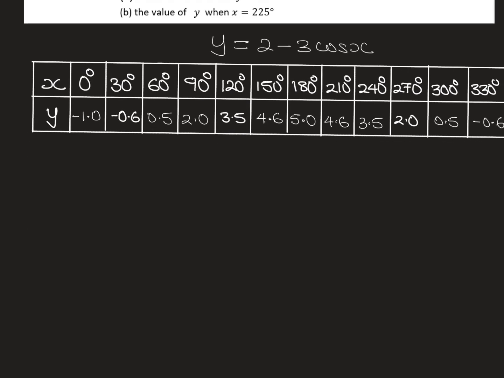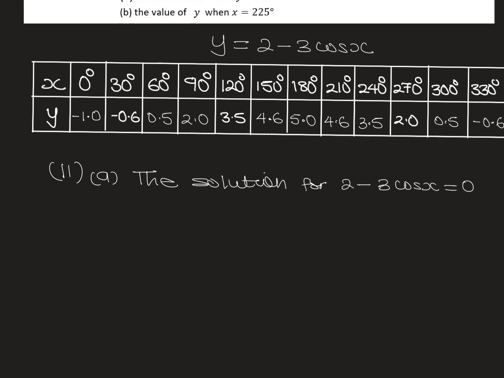So question 2A, the solution for 2 minus 3 cos x is equal to 0. Whenever you are given an equation and you are asked to find a solution for it, you should always remember that you should compare it with the main equation that is given in the question.